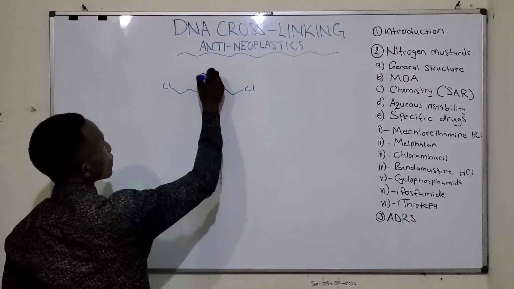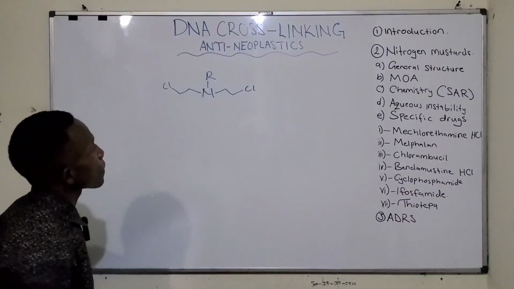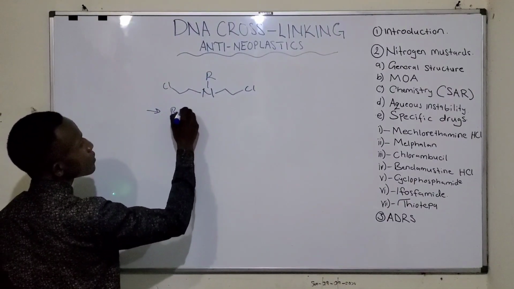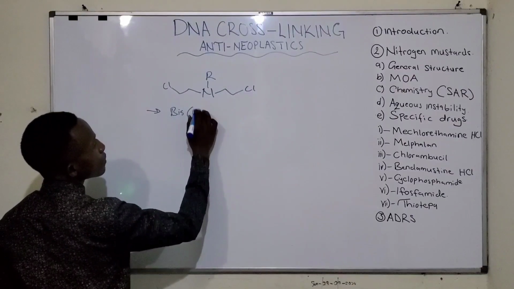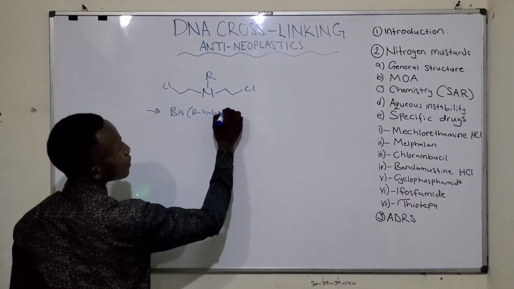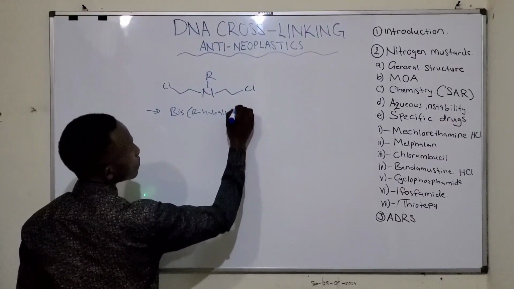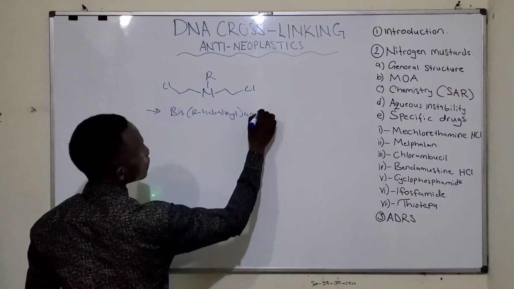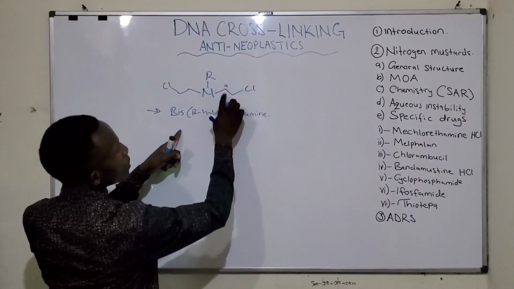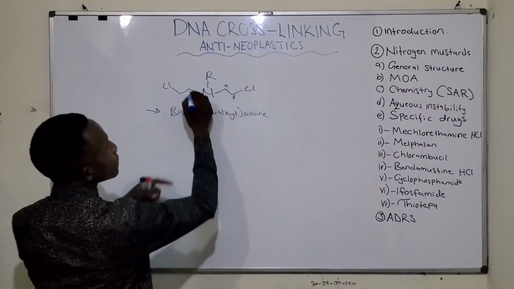Yes, for the chemistry of our structure, you have also the R group here. The pharmacophore is the beta haloalkylamine. This is the alpha carbon. You see, this is alpha. This is the beta carbon.